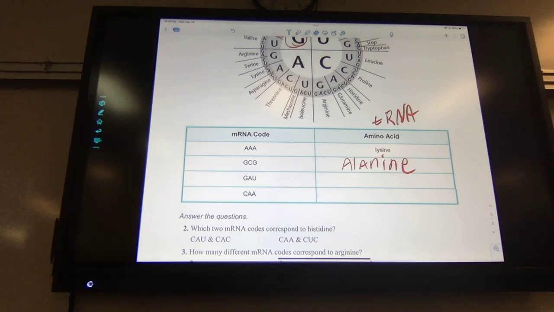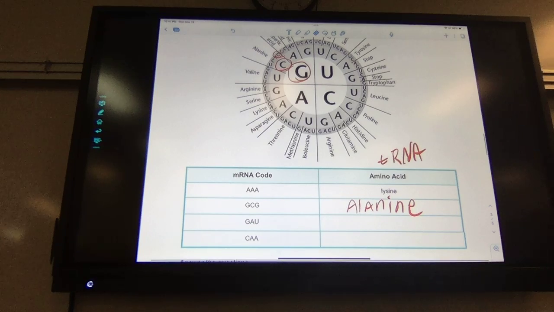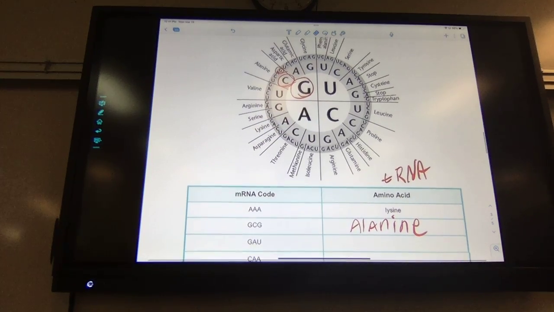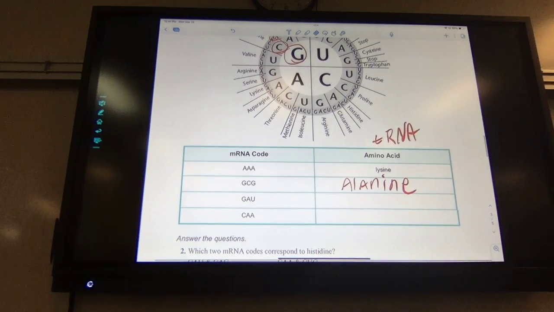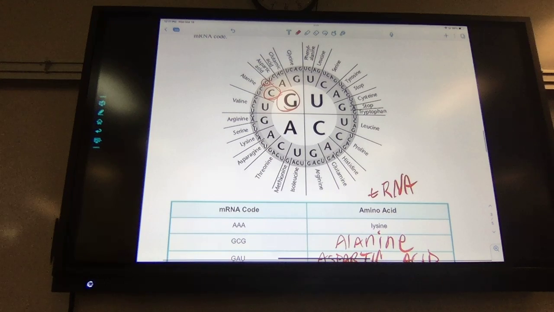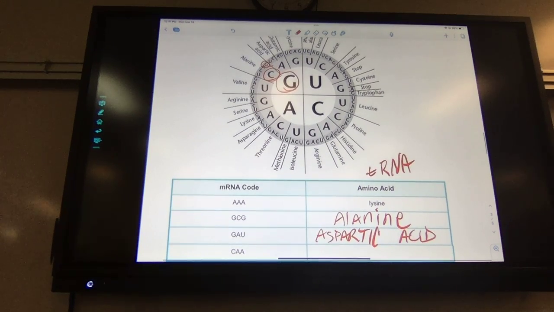So how'd you do on the other ones? GAU, it is aspartic acid. And the last one, CAA, glutamine.